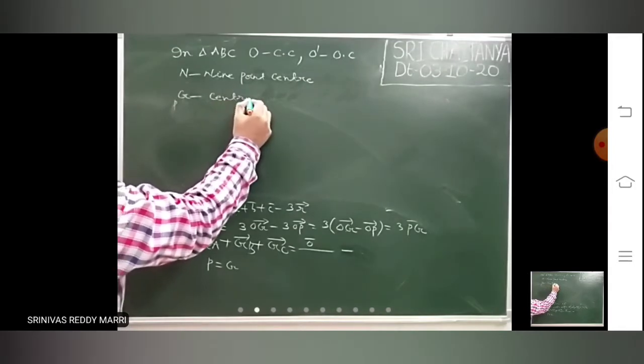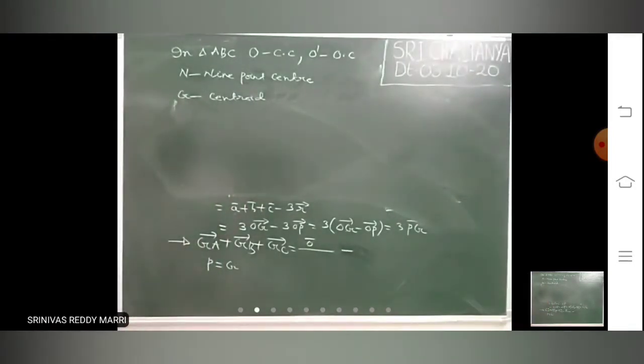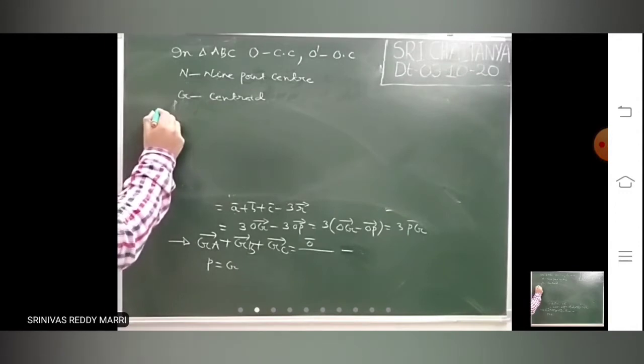G is the centroid. He will ask problems like this. Look at the comprehension.